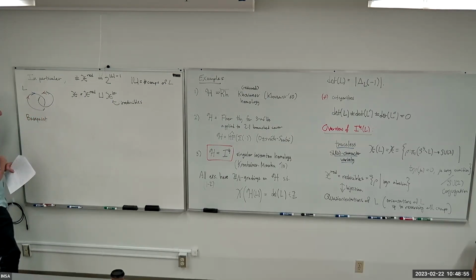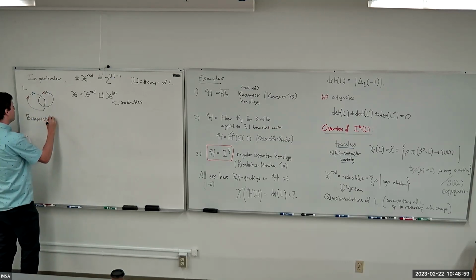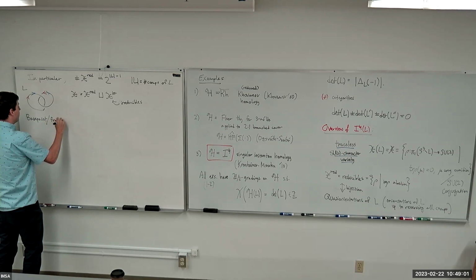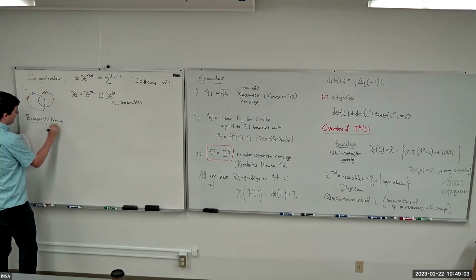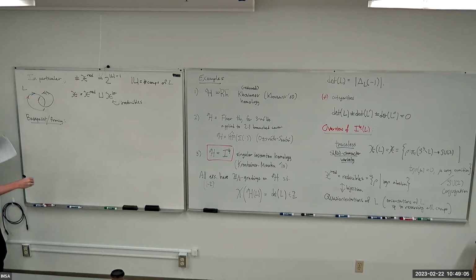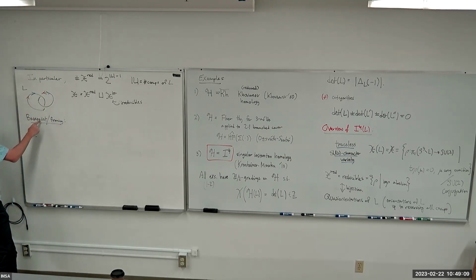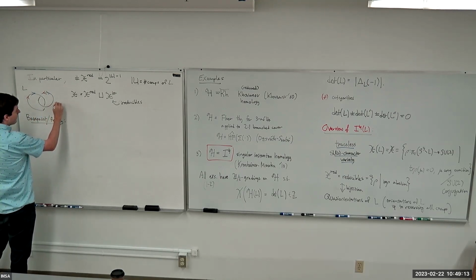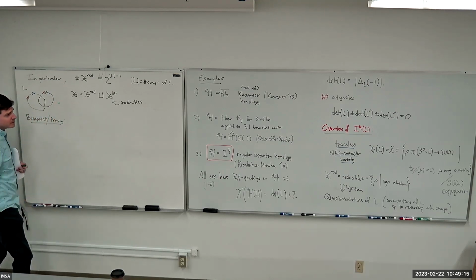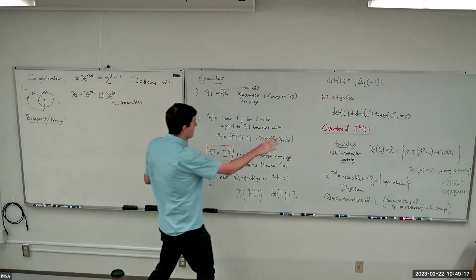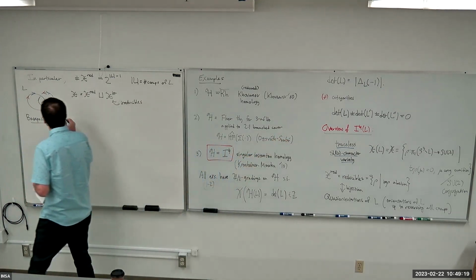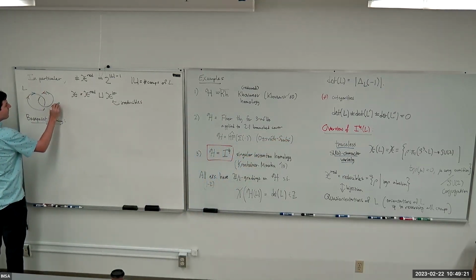So some of the extra structure we consider comes from choosing a base point, or sometimes it's thought of as a framing on the link. I'm going to be very brief about this. Basically, what this extra data will give you in terms of the character variety is a preferred meridian.